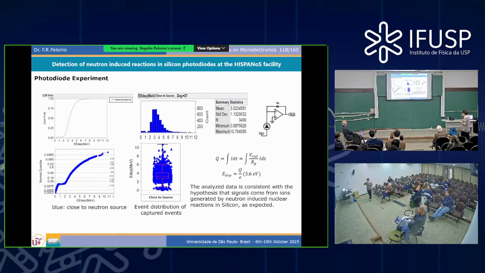It was consistent with nuclear reactions. So we got the signals we wanted. And nowadays at Intel, Ricardo is doing exactly the same signals in the photodiodes for testing with the laser the FinFETs, considering that he is reproducing neutron effects in the transistor.